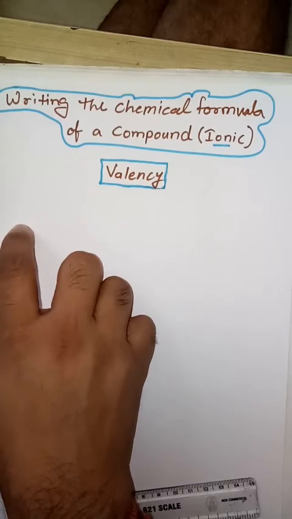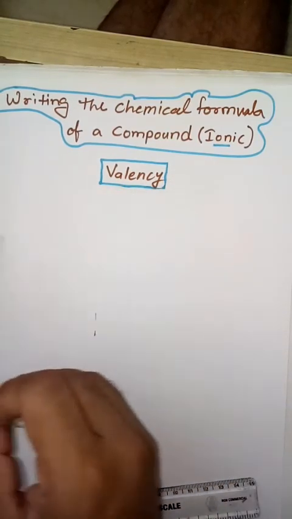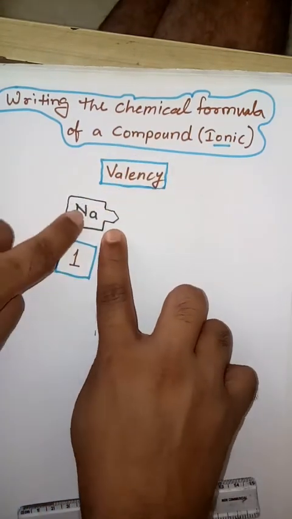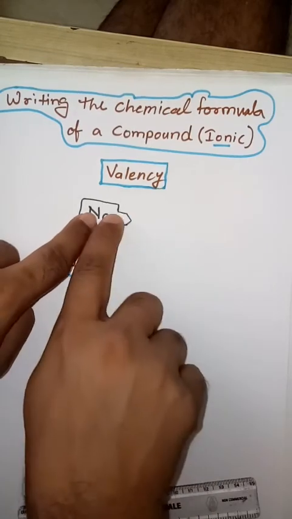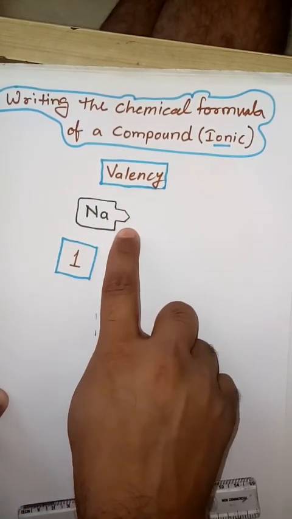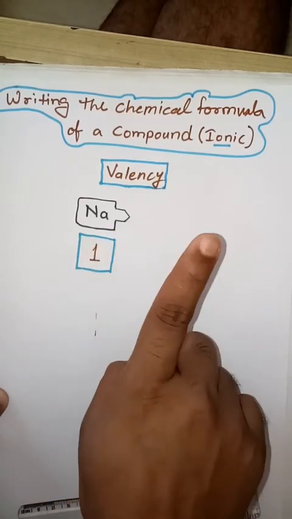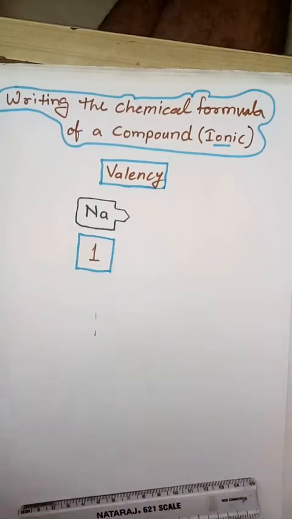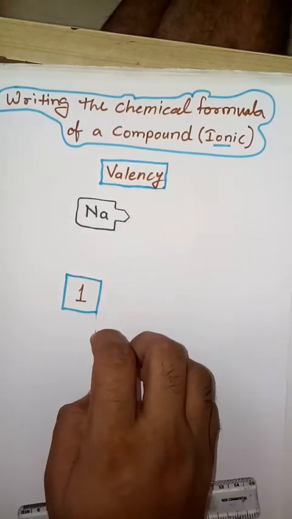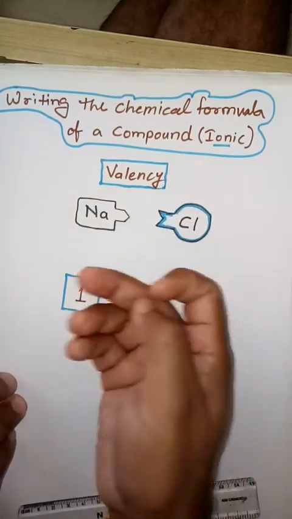So we know that the sodium valency is 1. That valency is shown by this arrow. It can donate the electron, that's why I'm showing you with this arrow sign. This arrow over here is the valency, 1 arrow, so it means its valency is 1. Now the chlorine valency is -1, so it accepts that electron.